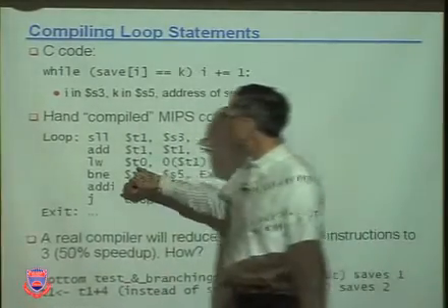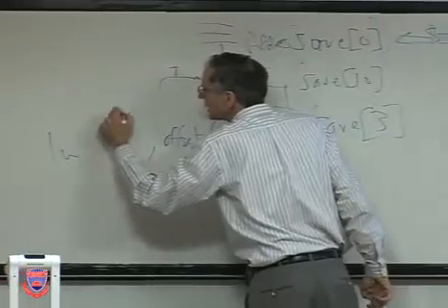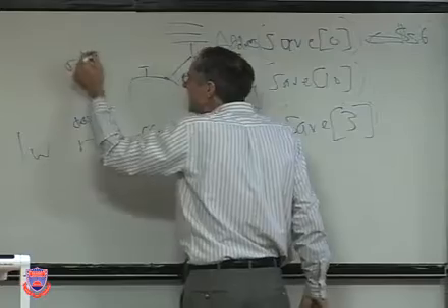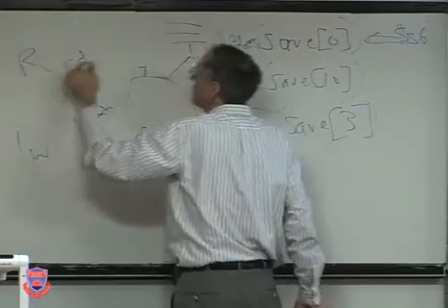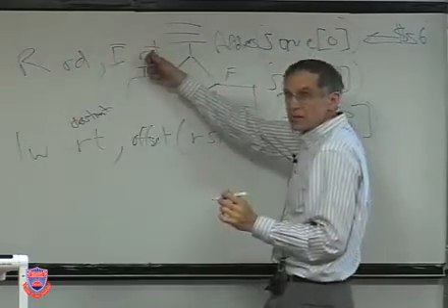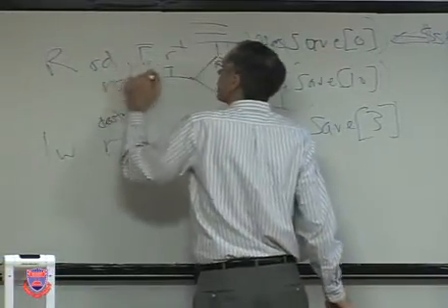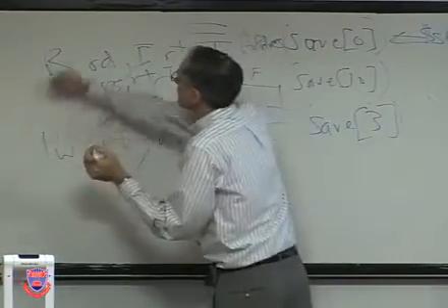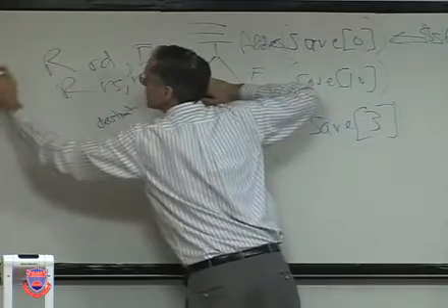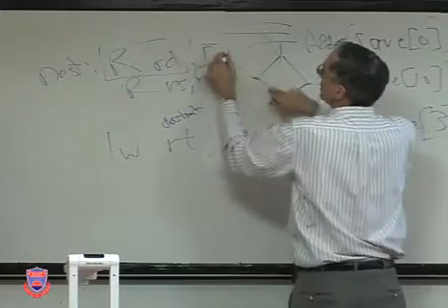And in this case, the destination register, watch this. I hope everyone remembers that RD is the destination for R-type, but for I-type, RT is the destination register. RS and RT are source registers for the R-type. So let's do it here. Destination, it's that, or in this case, RT.